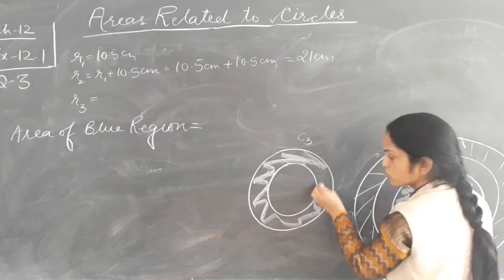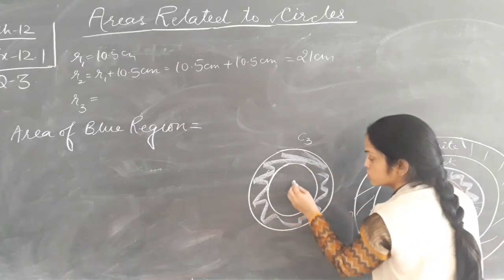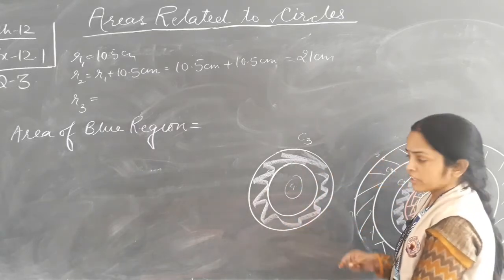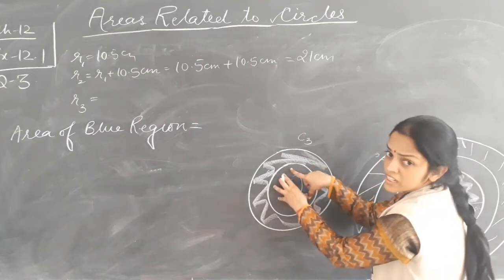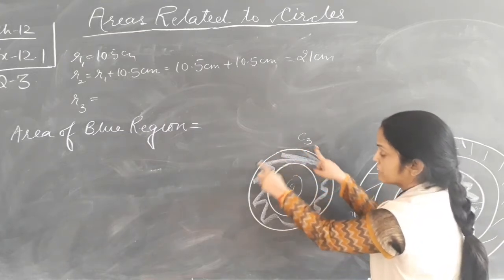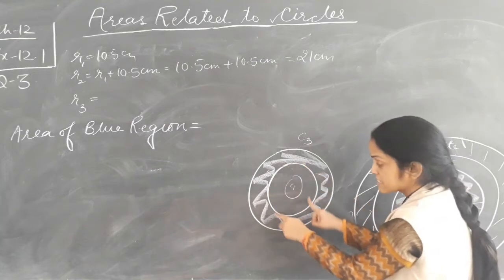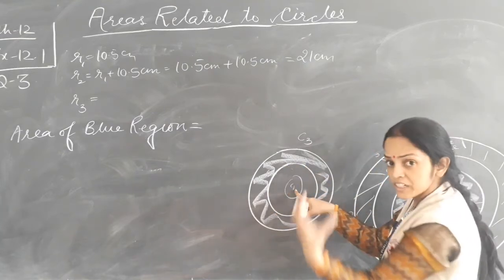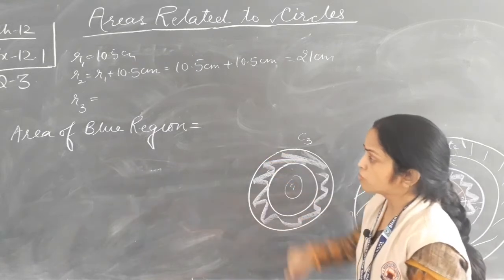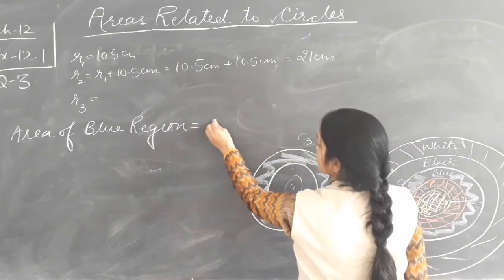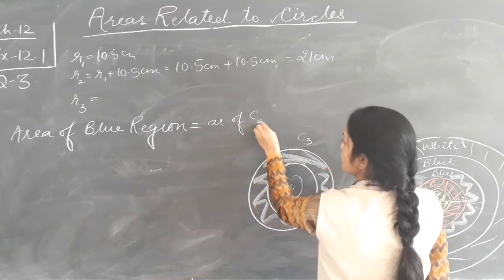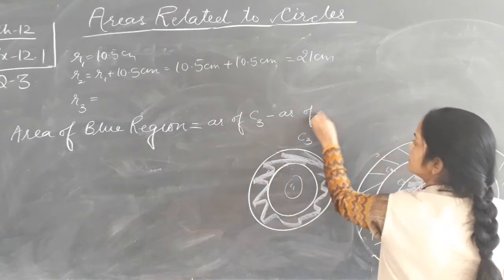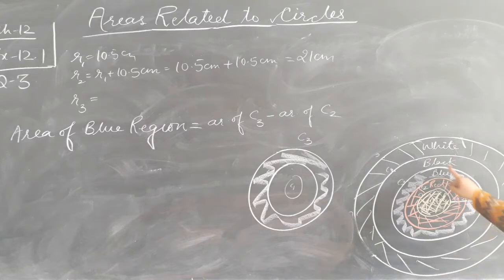In this C2, C1 has already been deducted. If you are deducting C2's area from C3, that means from the third circle you are deducting the second circle's area, then the first circle is already included in the second circle's area, so it is already deducted. So for the area of blue region, we will find area of C3 minus area of C2, to get this blue ring.